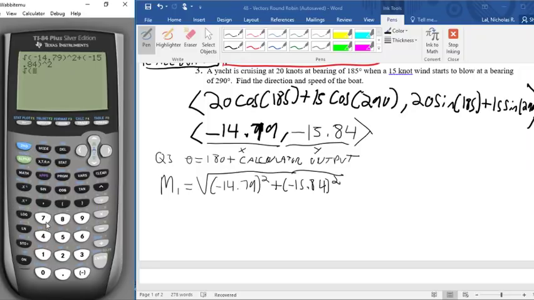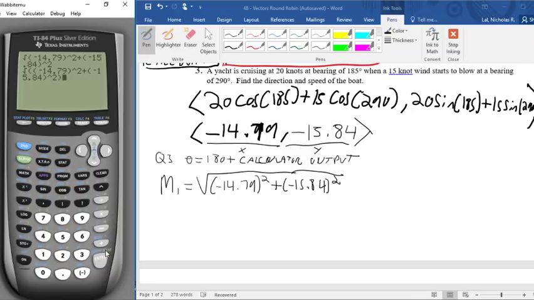The square root of open parentheses negative 14.79 close parentheses, square it, plus open parentheses negative 15.84 close parentheses, square it.